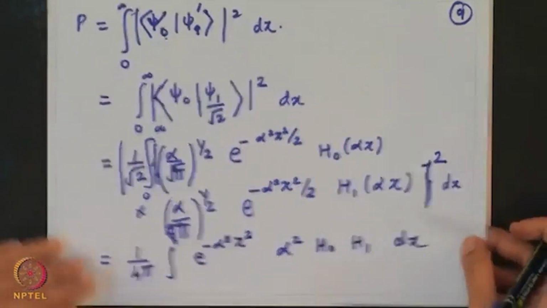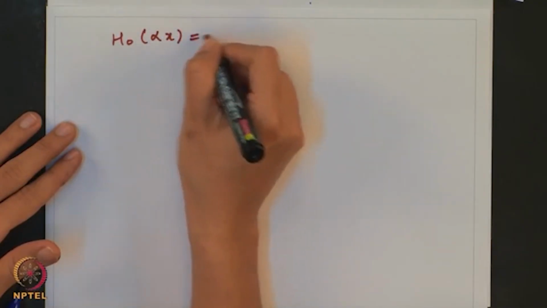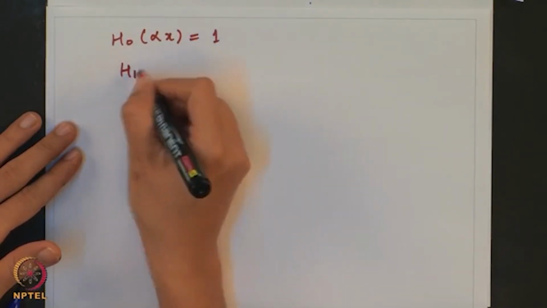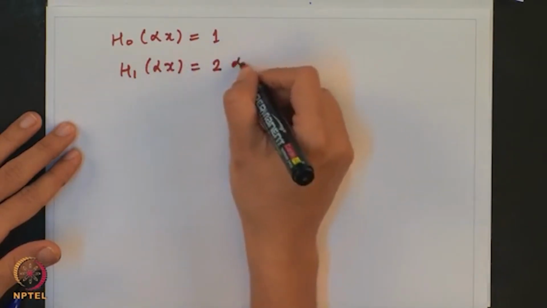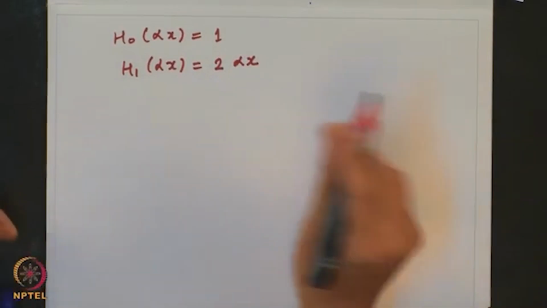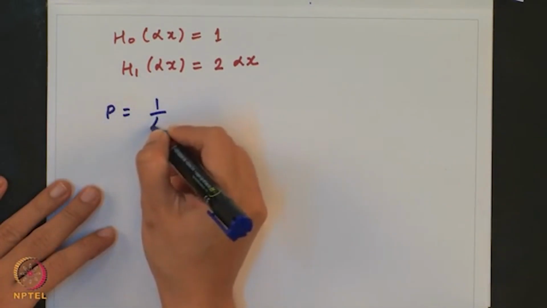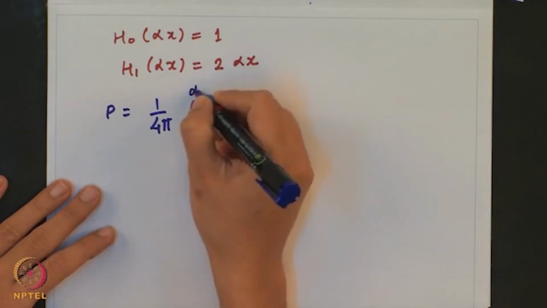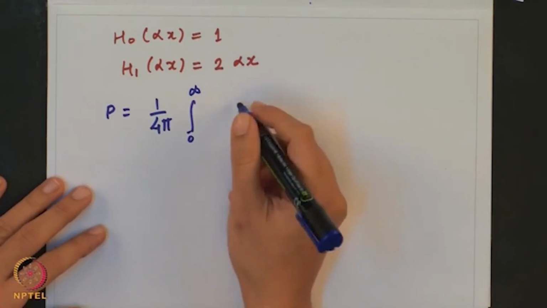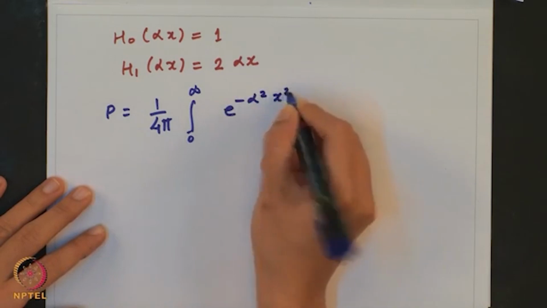Now, remember h naught of alpha x in this case will be 1 and h1 of alpha x will be 2 alpha x. So, when I substitute this I get 4 pi from 0 to infinity, and then I will have e raised to minus alpha square x square.